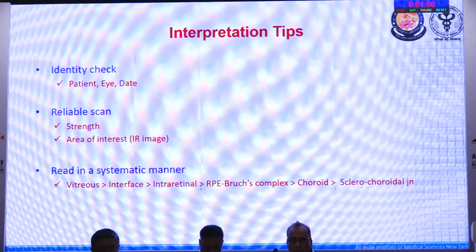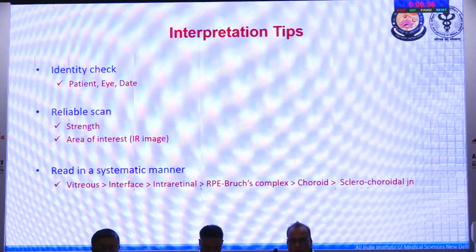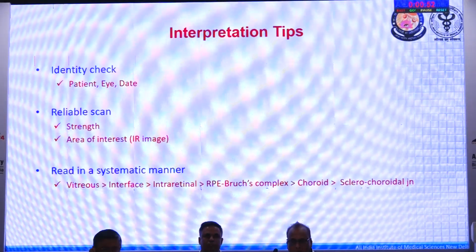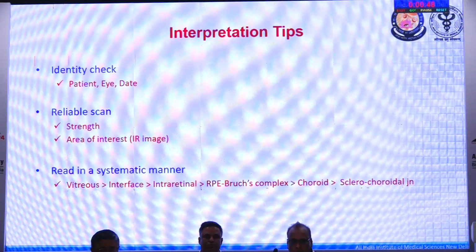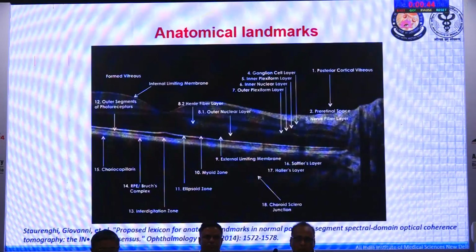Then read the scan in a systematic manner. First go through the vitreous, for any abnormalities, membranes or cells, then the vitreoretinal interface, any membrane or any traction at the macula, then the intraretinal pathologies, then the Bruch's membrane-RPE complex, then the choroid and the sclerochoroidal junction.